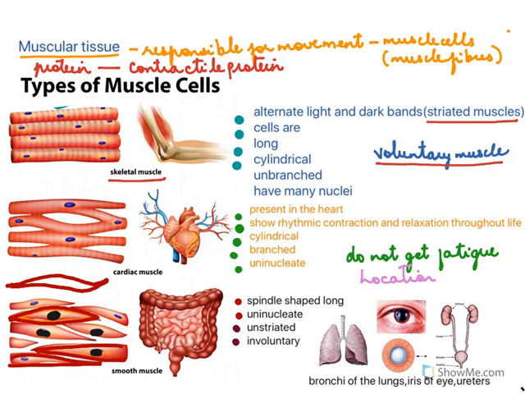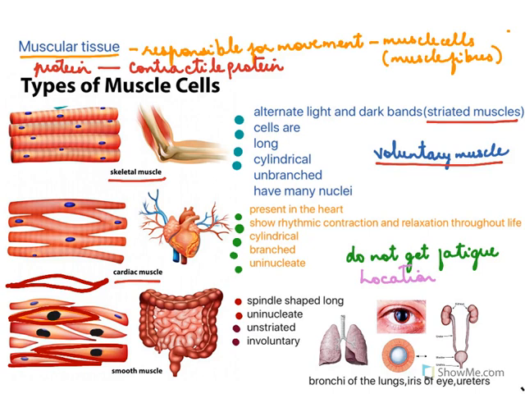And we saw the structure. They were long, cylindrical. They had many nuclei. They were unbranched. Then we came to the cardiac muscles. The cardiac muscles, from the name, we know are present in the heart. And the main feature of this muscle is that they contract and relax throughout your lifetime. They do not get tired. They do not get fatigued. They too are cylindrical, but they are branched, and they have a single nucleus.